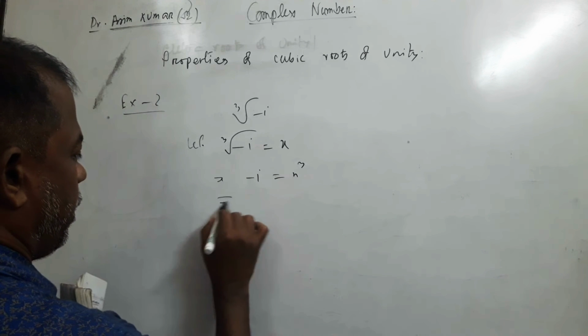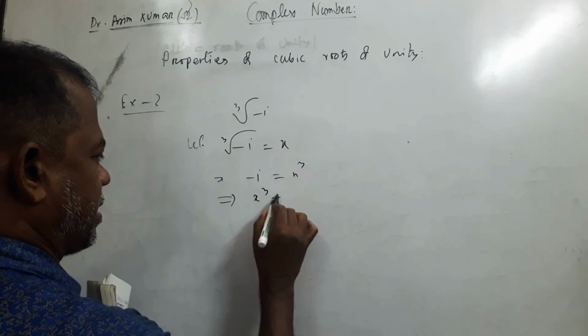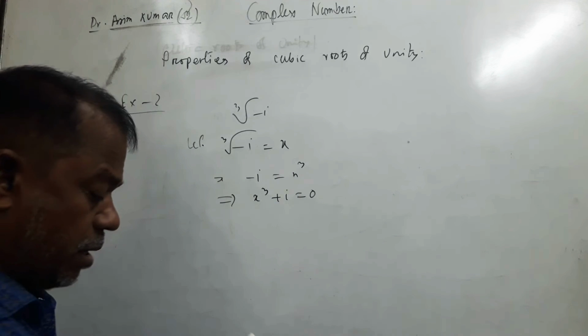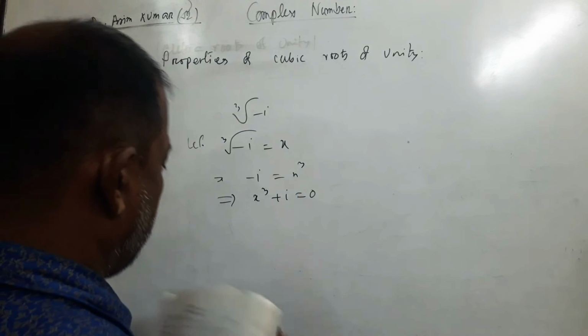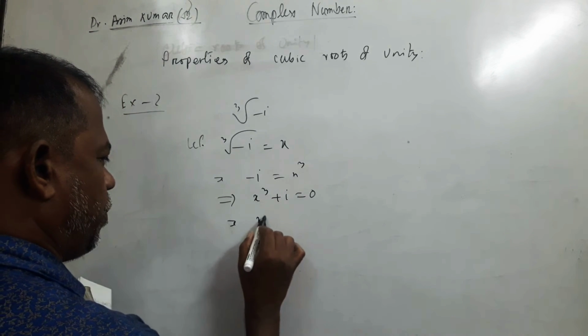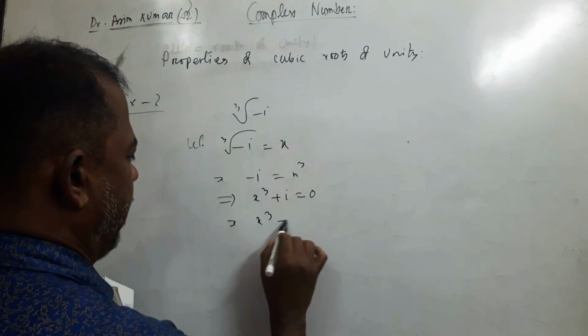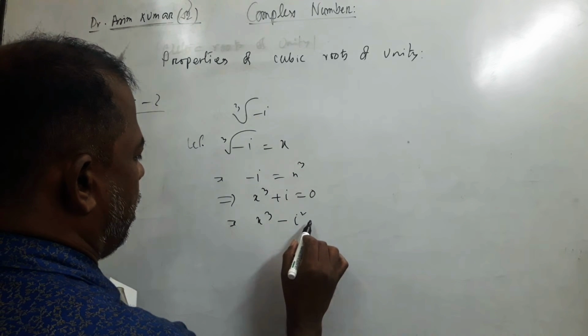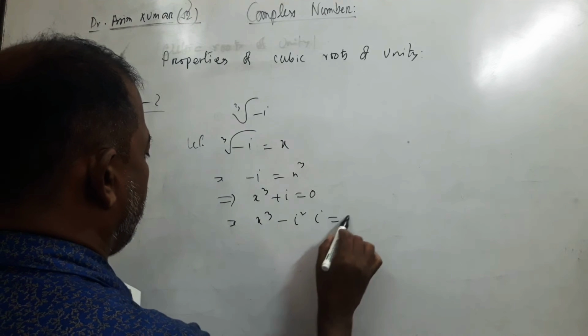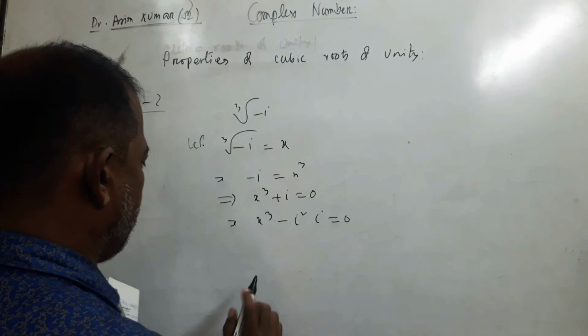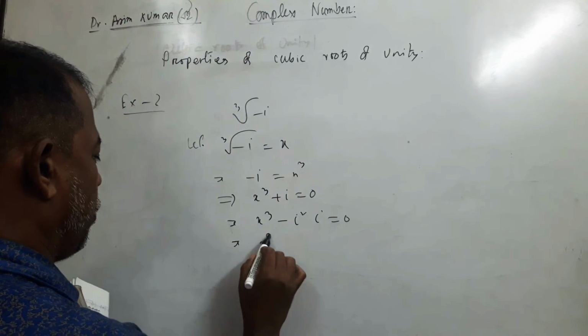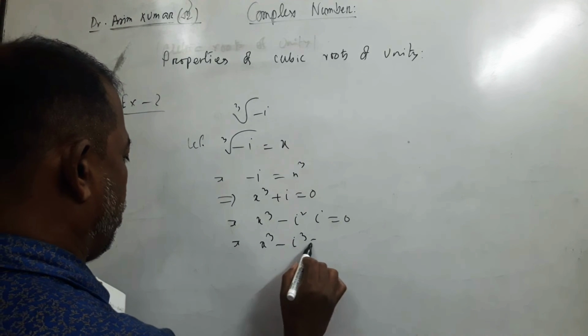So that implies x cube plus i equal 0. Of course, x cube minus i square into i equal to 0. That's the same: x cube minus i cube equal to 0.